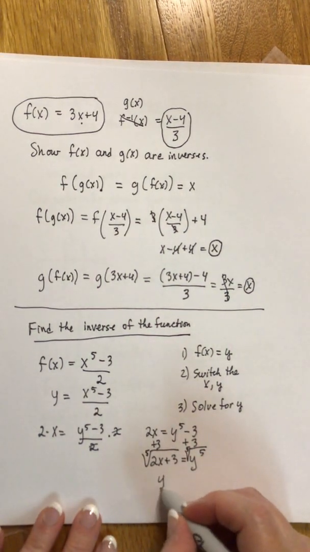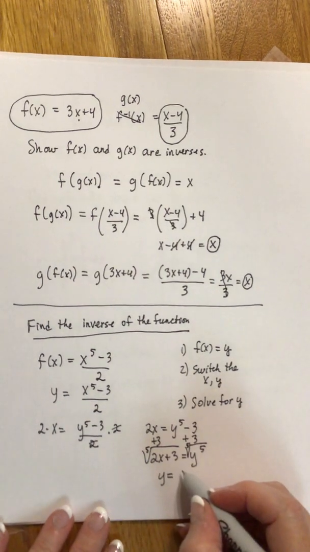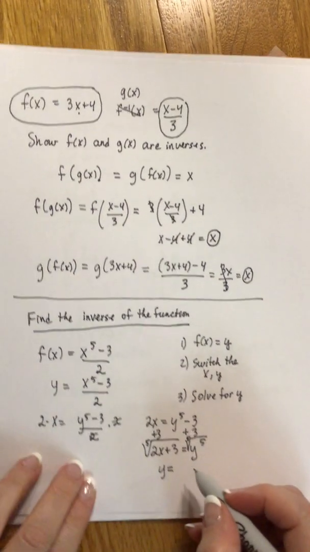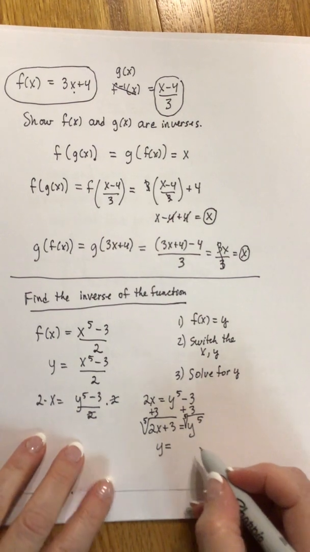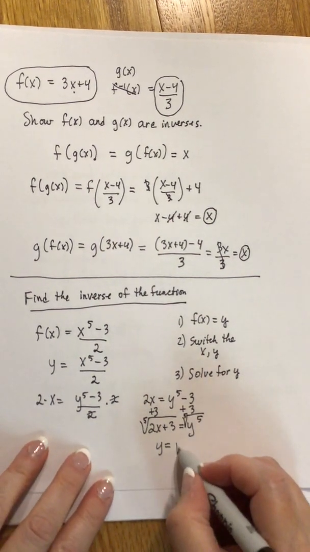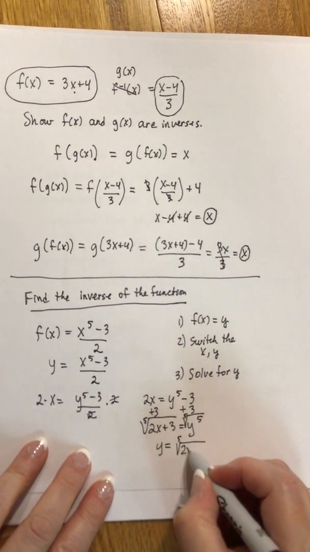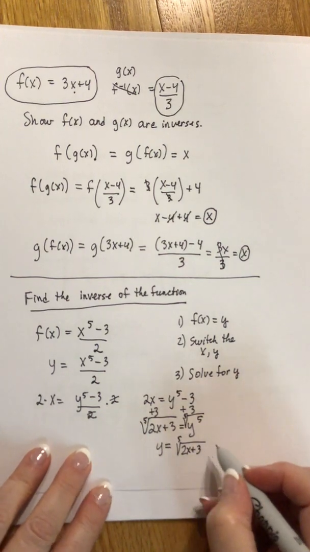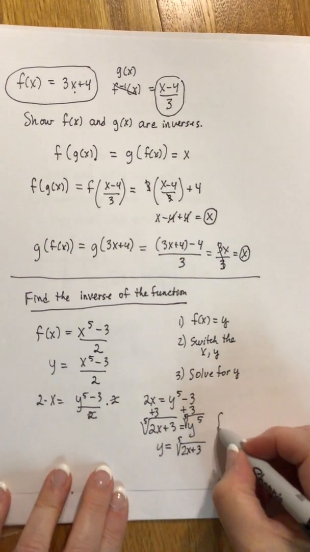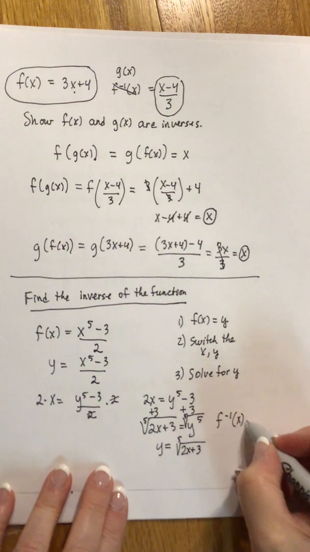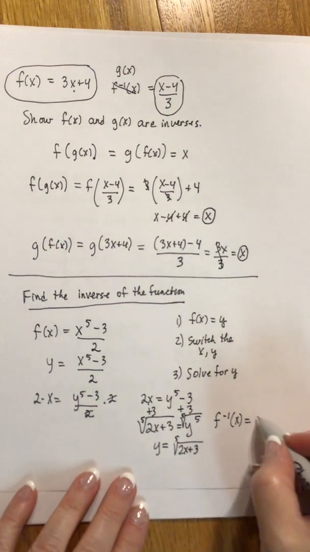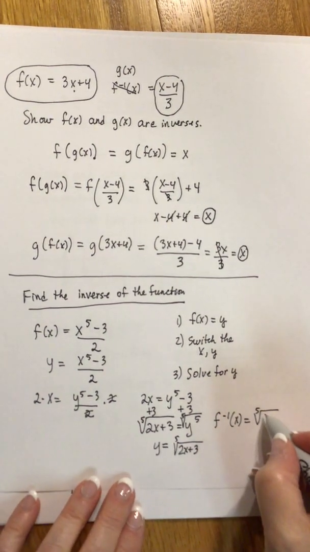This gives me y equals the fifth root of 2x plus 3, and that would be my inverse. So f inverse of x equals the fifth root of 2x plus 3.